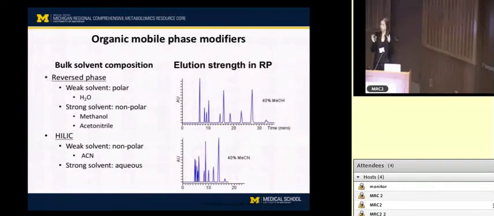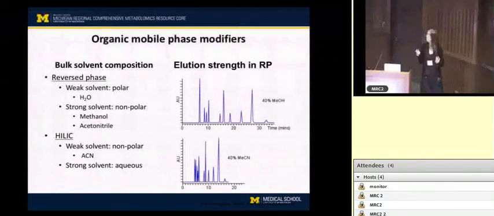We usually start with a high aqueous mobile phase and then slowly move to an organic mobile phase. But not all organic solvents have the same effect in reverse phase. As you can see here on the right, switching out methanol as the organic modifier for acetonitrile drastically reduces the retention time of some of the compounds.